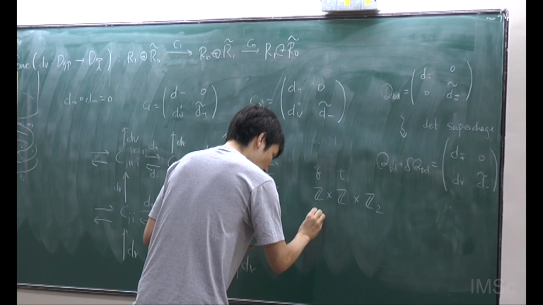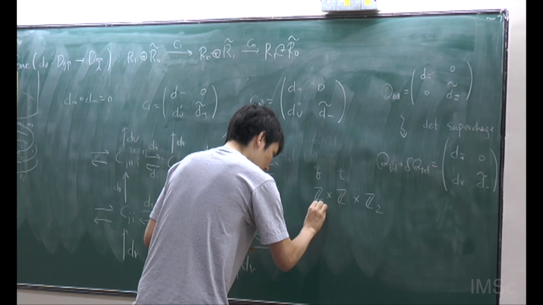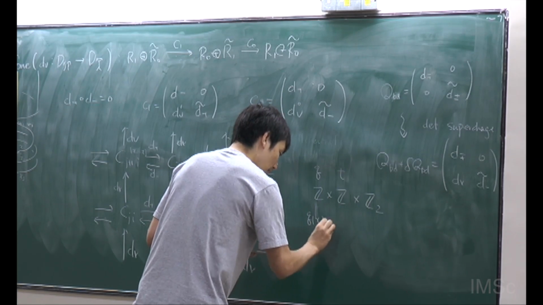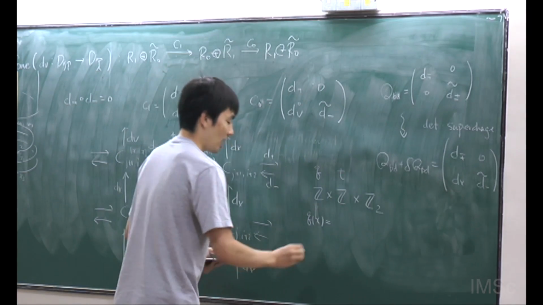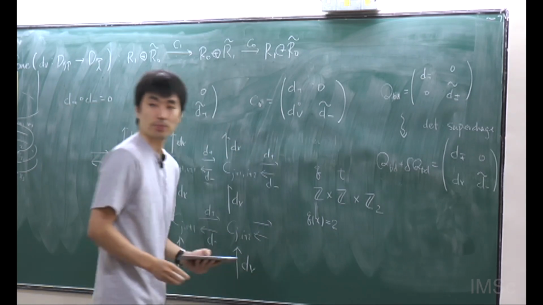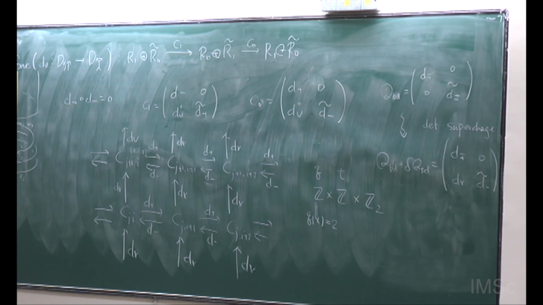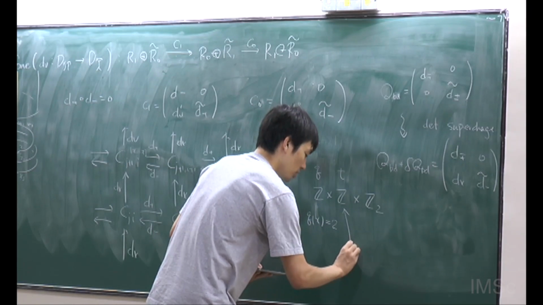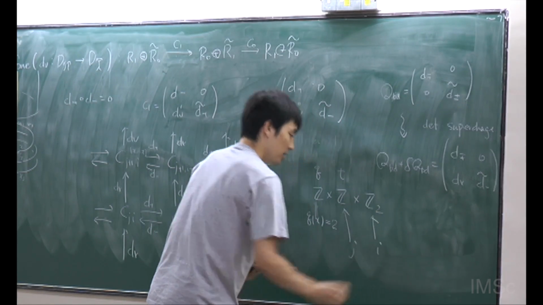So this grading comes from the grading by x. The chiral field depends on notation. I would say 2. And this is the J grading, and this is I.